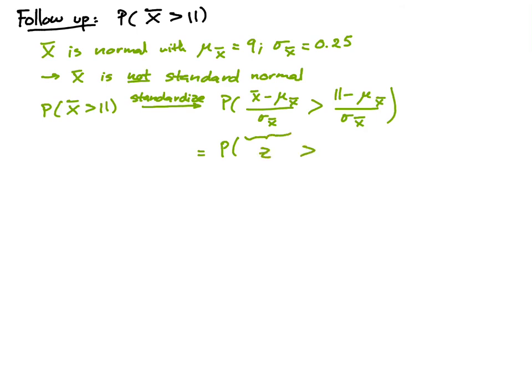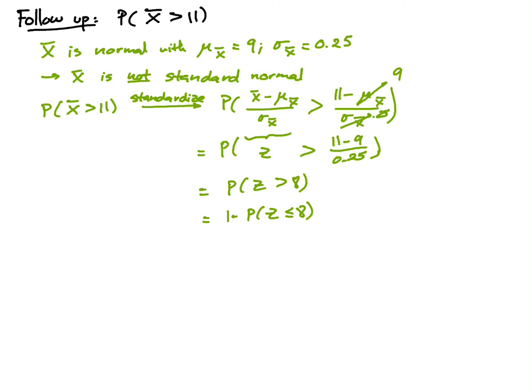We know that mu x bar is equal to 9 and sigma x bar is 0.25. So (11 minus 9) divided by 0.25 turns out to be the probability that z is greater than 8. Now we want to flip the inequality sign, so it becomes 1 minus the probability of z less than or equal to 8.